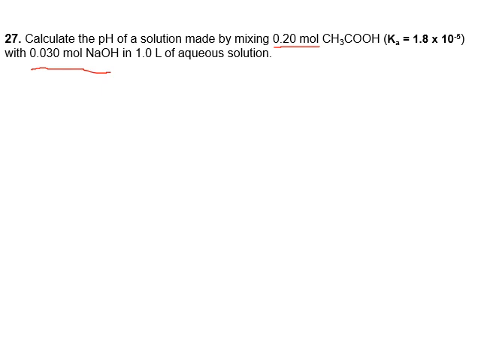So what's going to happen in this problem, just to look at it up front, there's less of this than there is of the acid, right? Considerably less. So what's going to happen? Well, the NaOH is going to run out, and it will eat up 0.03 moles of the acid, leaving 0.17 moles of the acid, none of the base, the strong base, right, because it's going to be eaten all up.